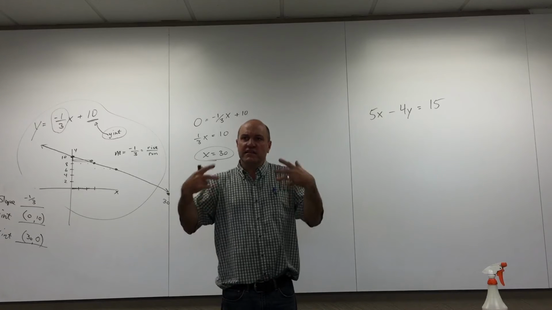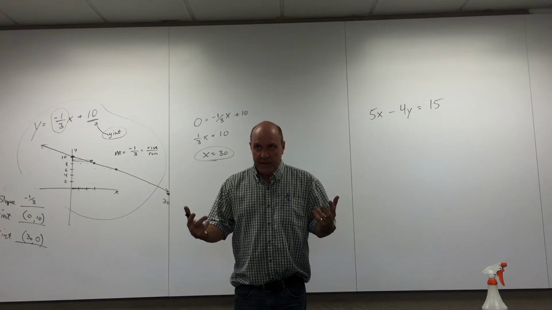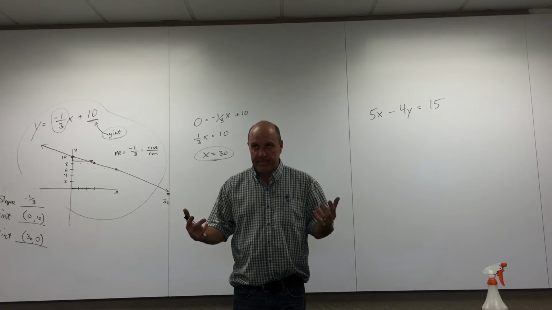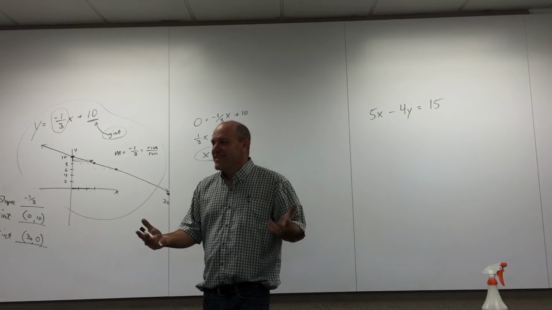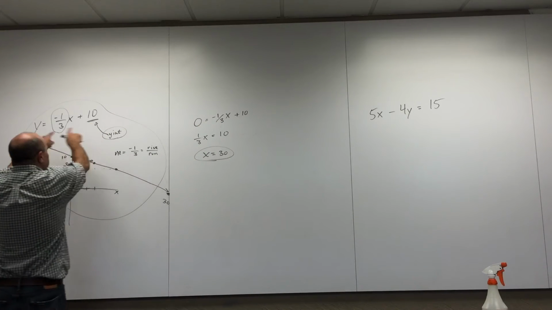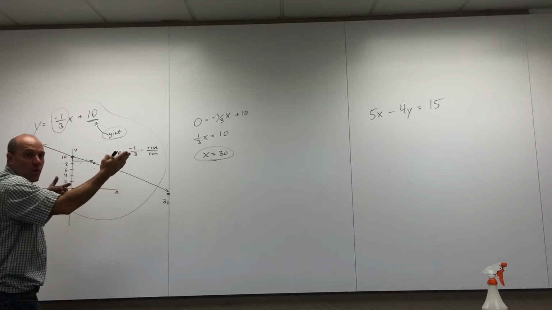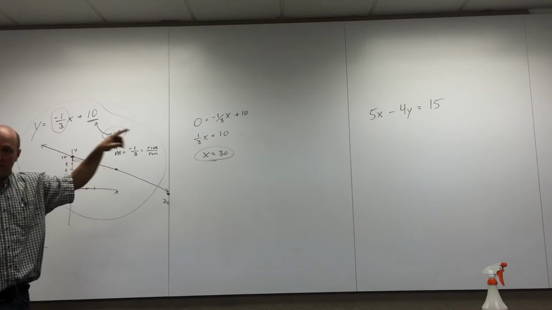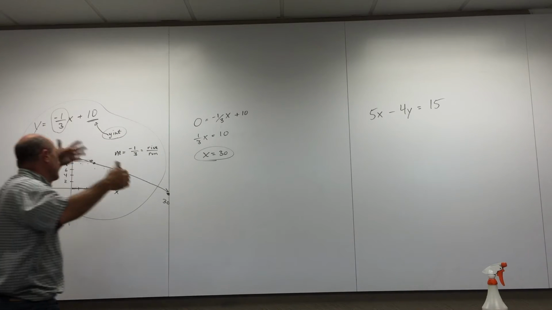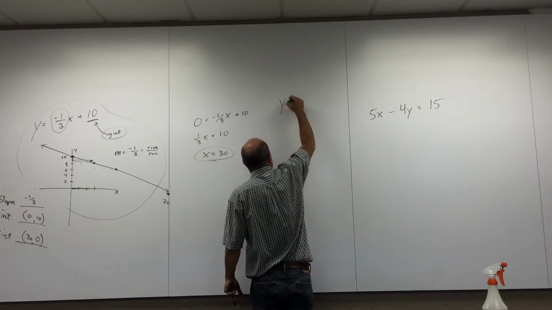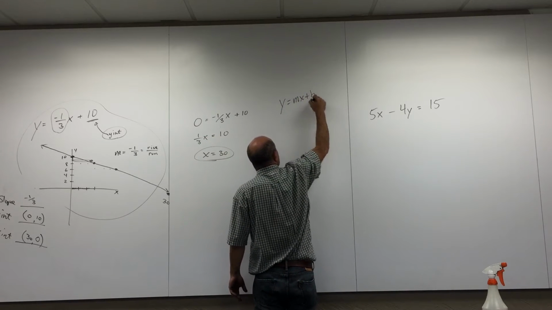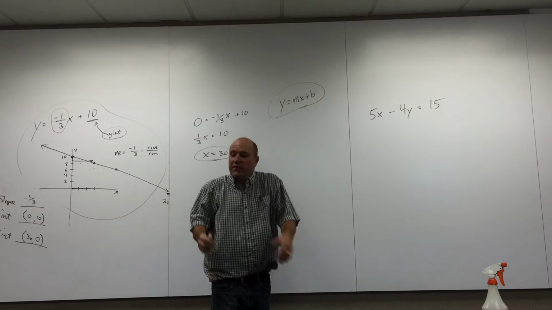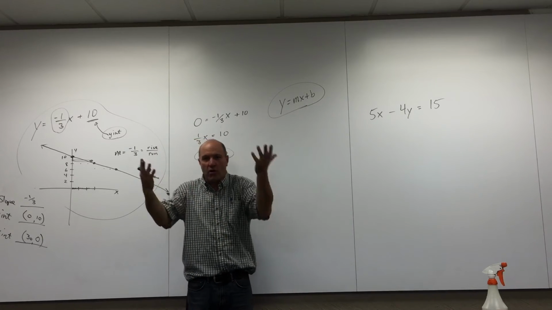I mean, it's a linear equation if it's in this form, but this one's not really in that form. Could you put this one in that form? And by the way, what is that form? That form is y equals mx plus b. That's our slope-intercept form.